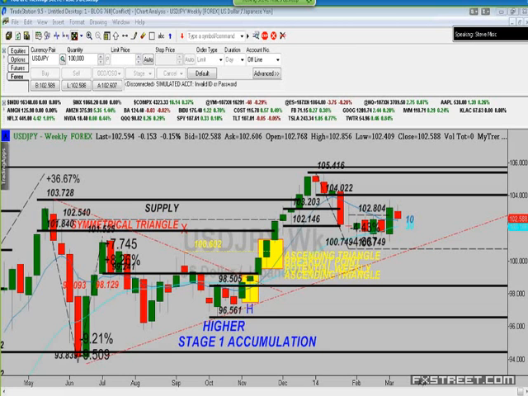The patterns that we teach at our academy are fractal. So at this point, it's looking like a weekly supply level is beginning to form. But there's really not very much room for price to fall before we hit a demand level. And that's one of the things that when you start to trade using demand and supply, you have to be aware of. It's called profit margin. And if you don't have a profit margin, sometimes it's a good idea not to take a trade.